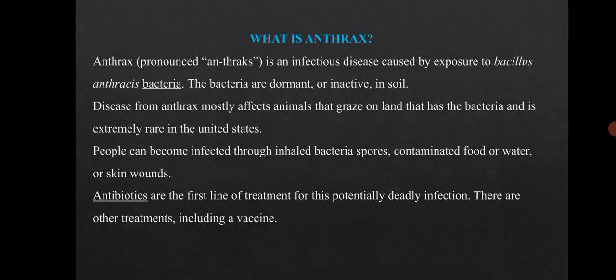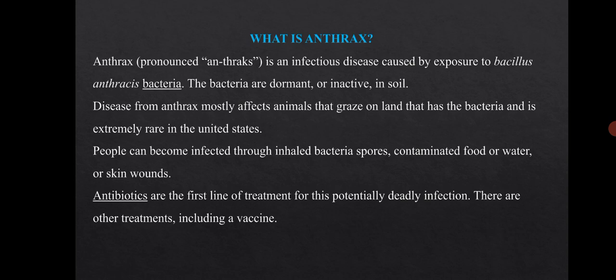What is anthrax? Anthrax is an infectious disease caused by a bacterium called Bacillus anthracis. This bacterium stays in a dormant or inactivated stage in the soil. The disease mostly affects domestic animals and is very rarely seen in humans.